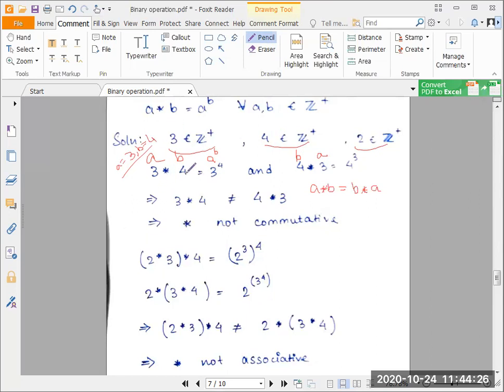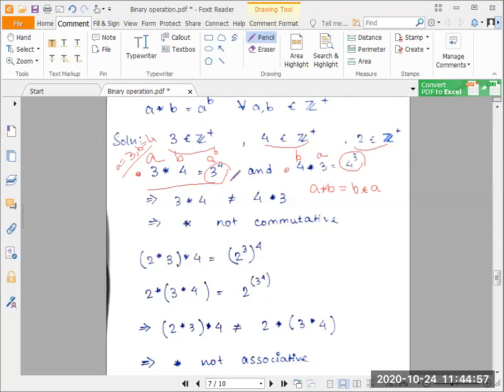So a star b becomes 3 star 4, which is 3 to the power 4. And by the same assumption of a equal to 3 and b equal to 4, if I define b star a, it turns out to be 4 star 3, which is 4 raised to the power 3. So if I define a star b, the resultant, and b star a, the resultant, these two numbers are undoubtedly different. Take this equation as one equation and this equation as another.